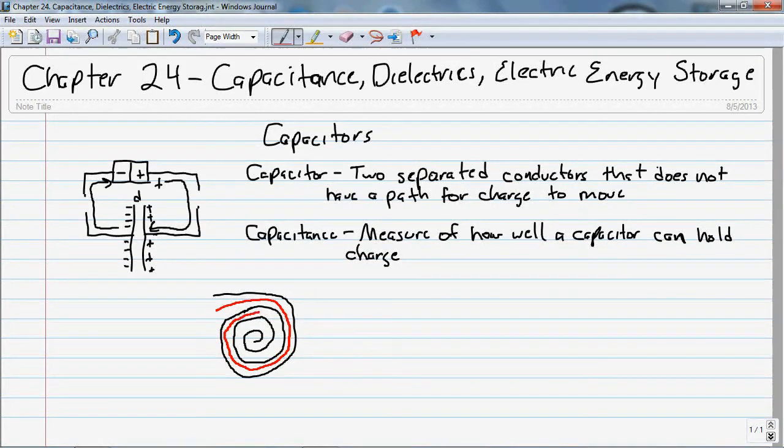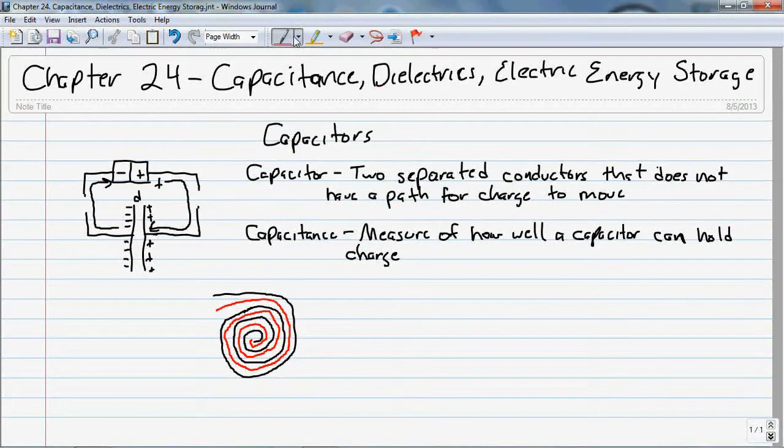And because the two plates are not touching, this would be also considered a capacitor. So there's many different ways that we can create capacitors, just as long as the two conductors are not touching.